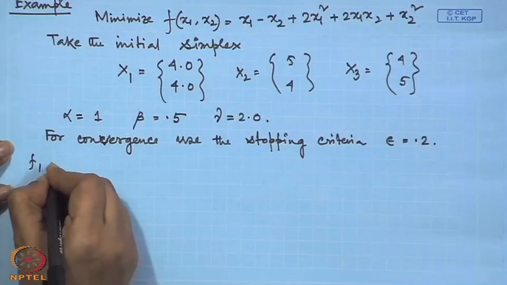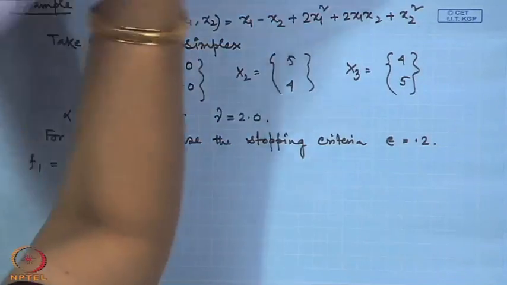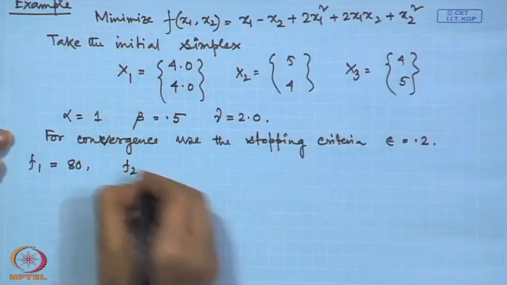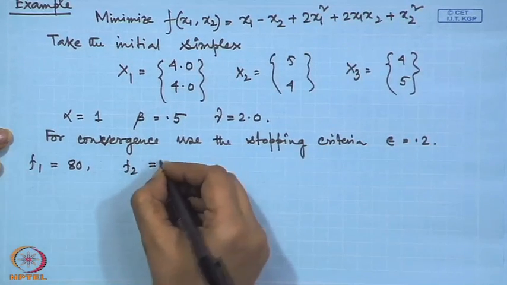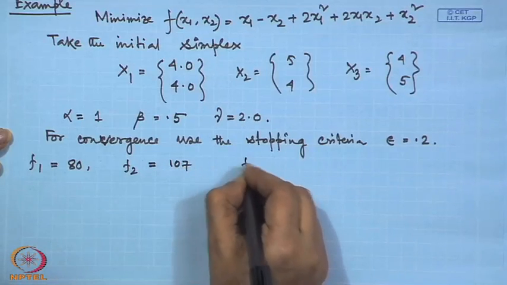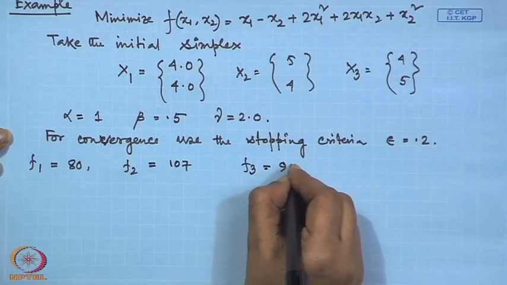Now, we will first find the functional value at x1. The functional value is 80. Then the functional value f2 is 107, and f3, the functional value at point x3, is 96.